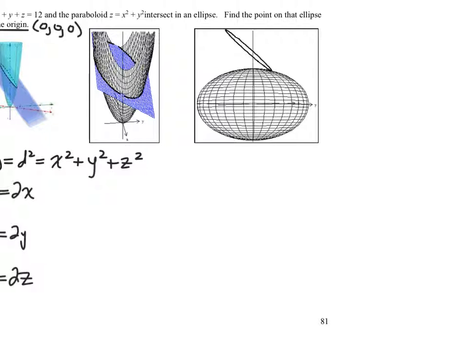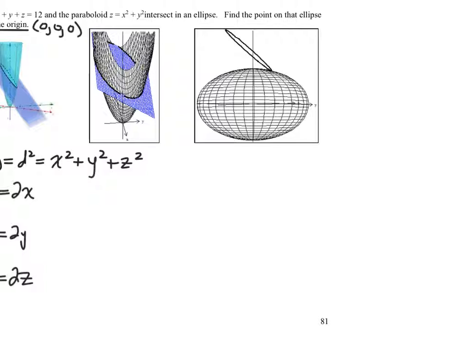The plane and the paraboloid intersect to form that ellipse. So basically, I need a point that's on the plane and also on the paraboloid that is closest to the origin, all right? So any point along this ellipse here, but it is the conjunction between those two, all right?